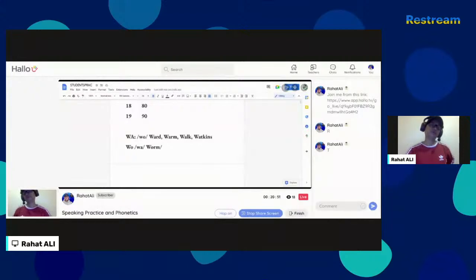And there are many kinds of worms that live in the human body, like tapeworm, hookworm. Next word is work. Confusing word. WLK walk and WRK work.